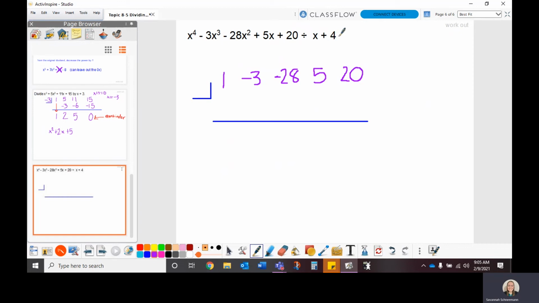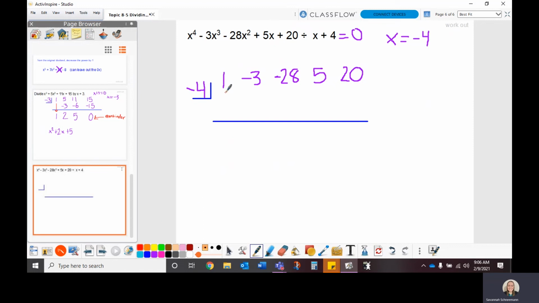For my divisor, I have to set this guy equal to 0. The x plus 4 equals 0, so that means x is going to equal -4. We're going to put a -4 in our little box up there.